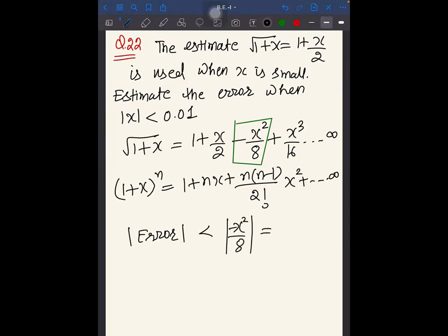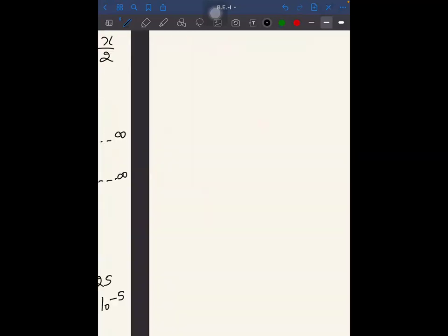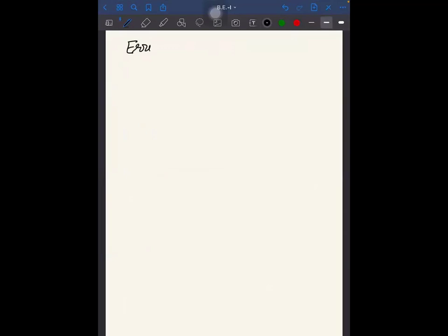But x cannot go beyond this maximum value, so that means your error cannot go beyond this value. Directly writing it, 10 raised to power minus 5, so you'll conclude that your error will always be less than 1.25 into 10 raised to power minus 5, right?